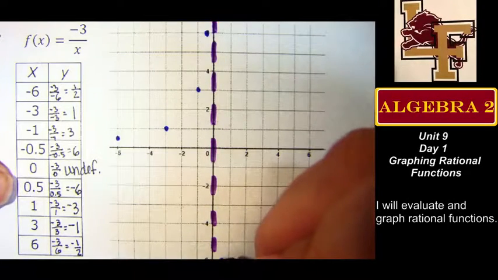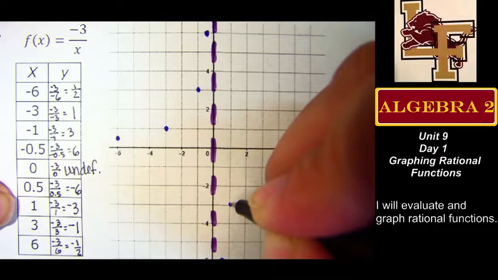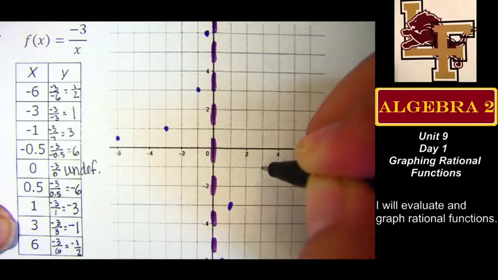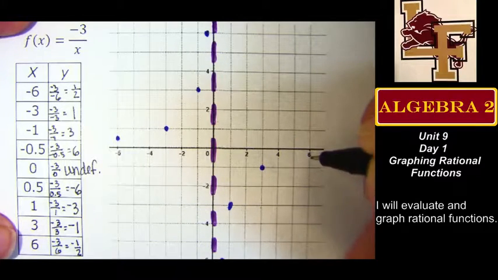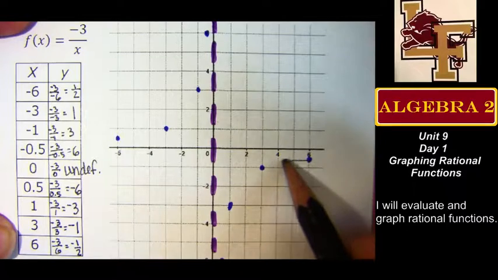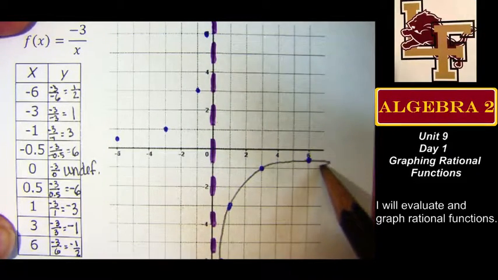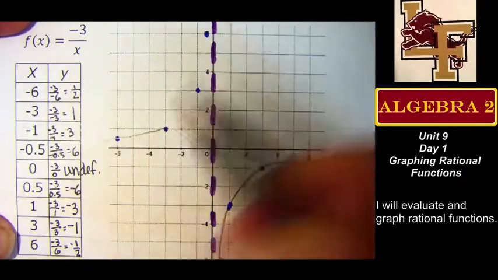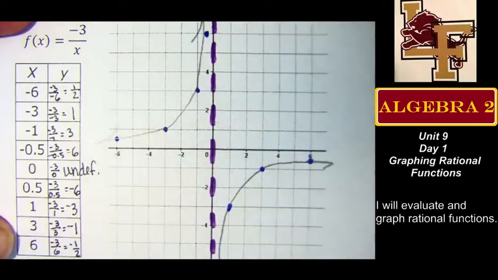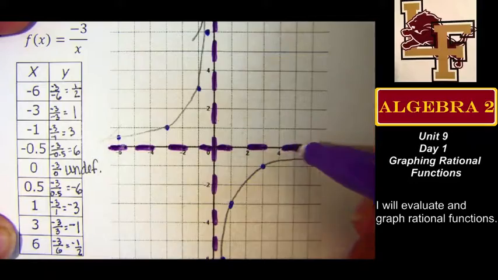At 0.5, I have a negative 6. At 1, I have a negative 3. At 3, it's a negative 1. At 6, it's a negative 1/2. So I have another asymptote thing happening right here.